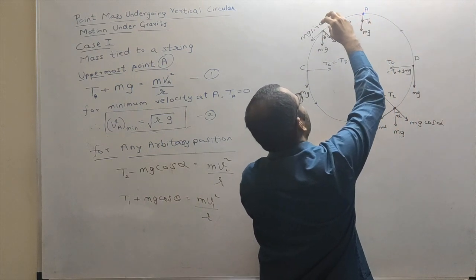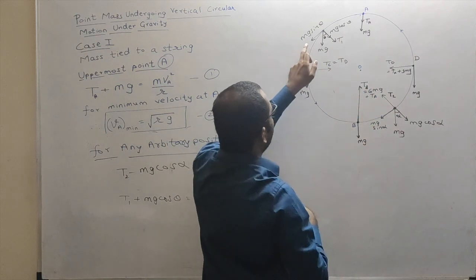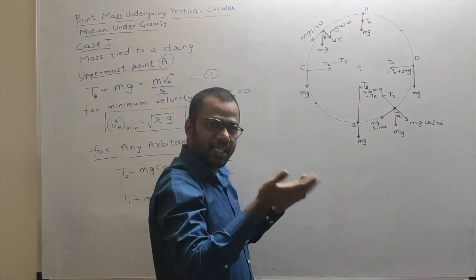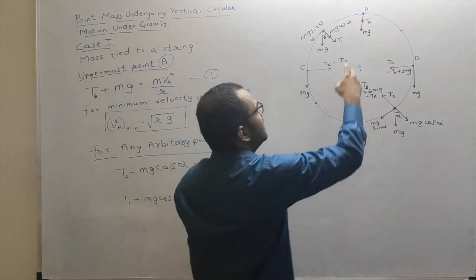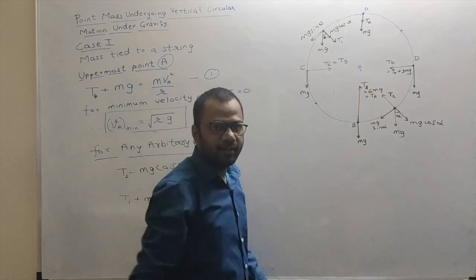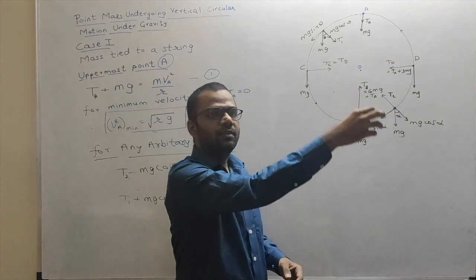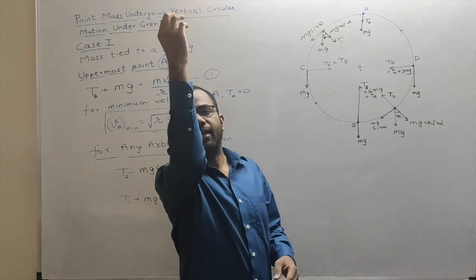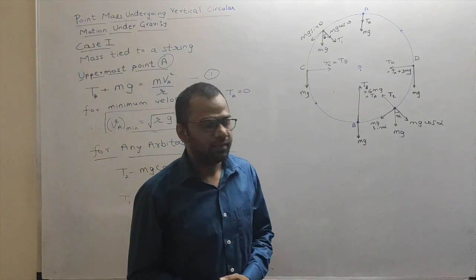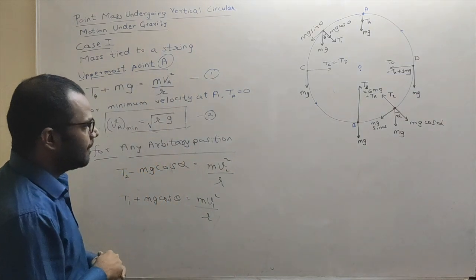But as it comes over here, again the velocity of the object is in this direction, and the mg sin theta component is in the same direction as that of velocity, so that will accelerate the particle, and hence as the particle comes from here to here, the speed of the particle will go on increasing. So the particle speed is maximum over here, it goes on decreasing, becomes minimum over here, and again goes on increasing and becomes maximum over here. Getting this? Okay. So this is about vertical circular motion.